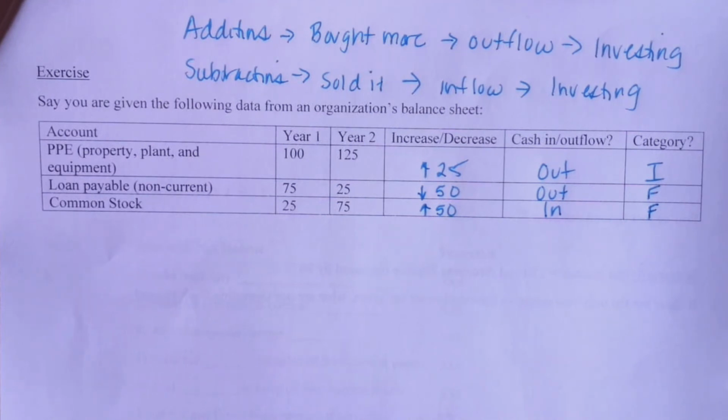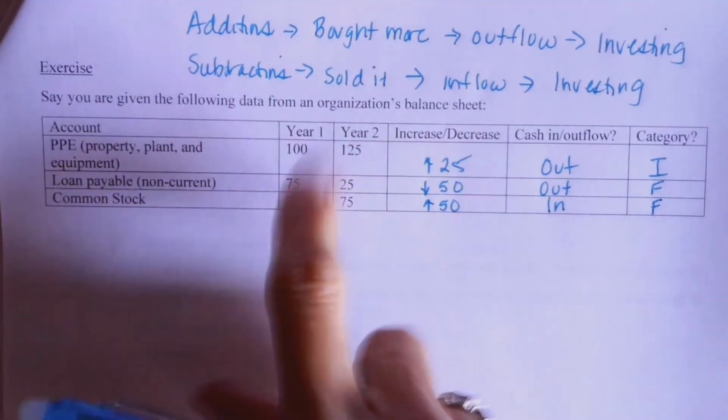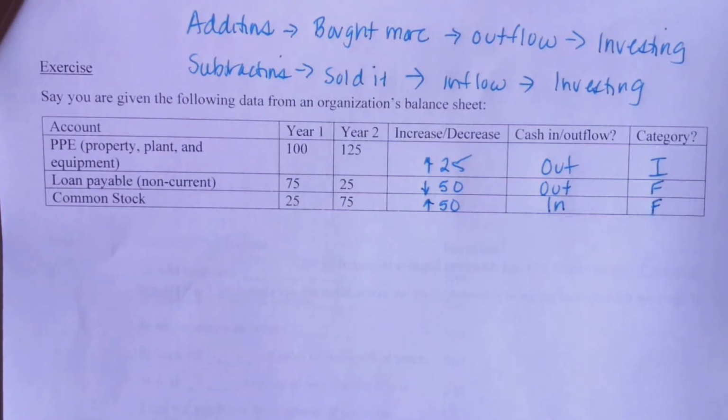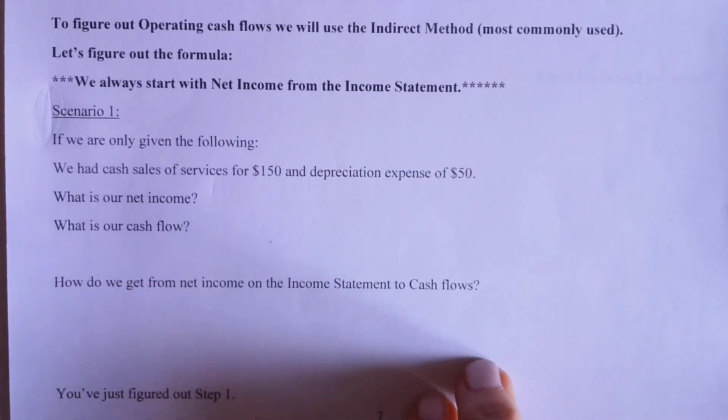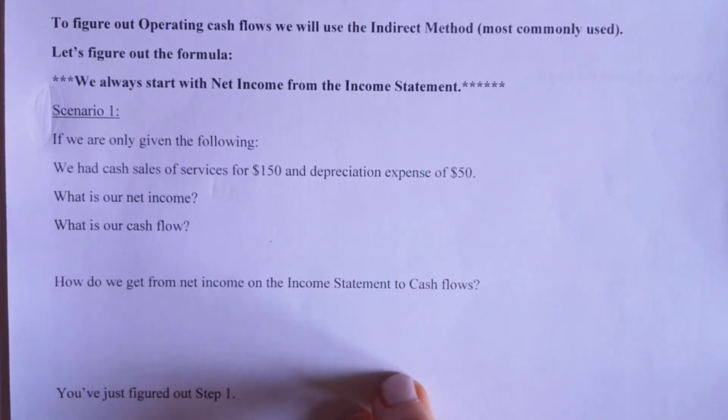Okay, so when we create the statement of cash flows for investing and financing, you're just going to analyze the balance sheet, compare the changes, figure out where they go, okay? So down here is where it gets a little tricky. I'm going to walk you through why we do what we do, and then at the end, I'll just give you the formula, and if you just want to memorize that, that's fine too, okay?